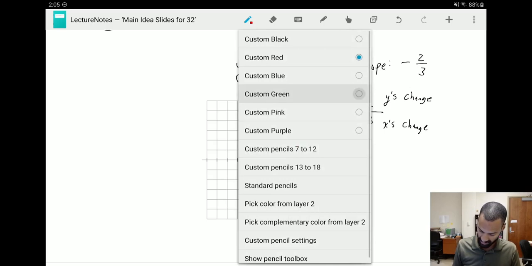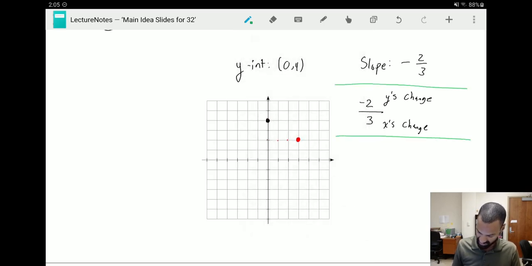That's one way to do it. Another way to look at it would have been to say this is the same thing as 2 over negative 3. Think about that for a second, right? Negative 2/3, that negative has to go either in the top or the bottom. Okay, it can't go in both, because if you have a negative on top and bottom, it would come out to be a positive 2/3, right? So if we decide it's on the bottom, we have a positive change in y, positive 2, and x's change is now negative 3.